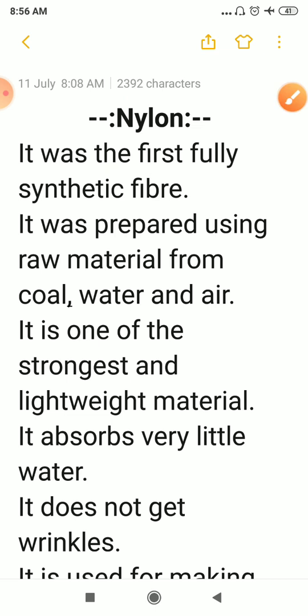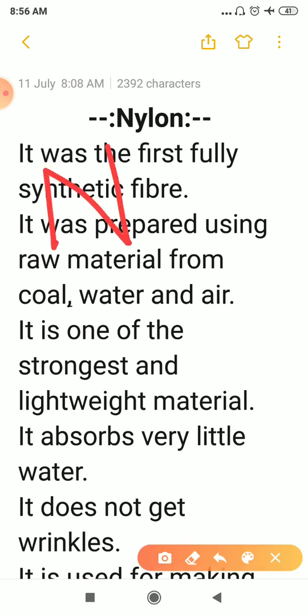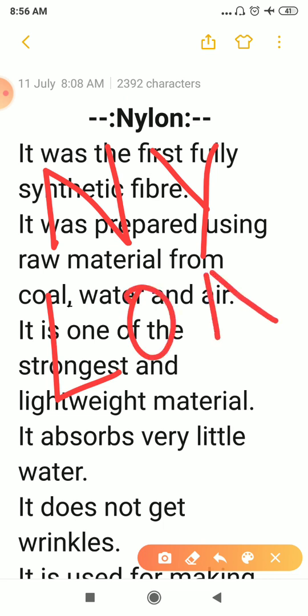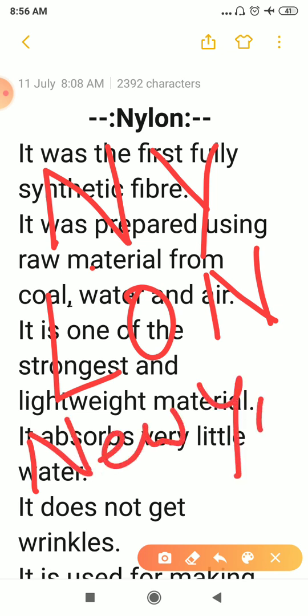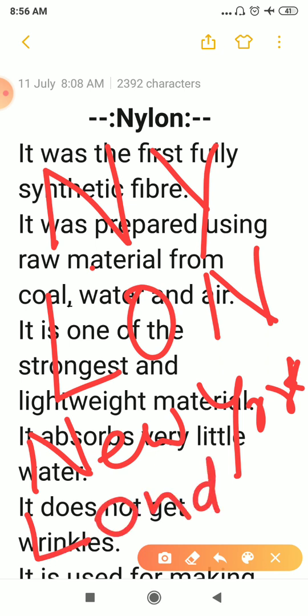How did it get the name nylon? In nylon, there are five letters: N, Y, L, O, N. Nylon was first prepared in New York and London.